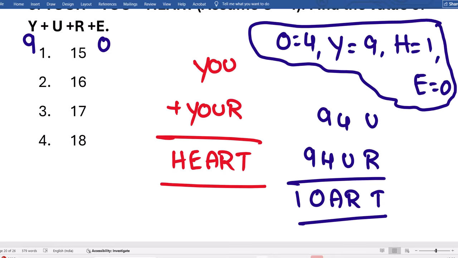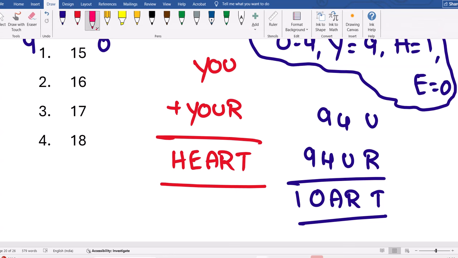A must be 3, because using options I am guessing here. Already Y value 9, E value 0. U plus R as per the options maximum should be 9. So here if we keep things, 9 plus 4, 13, it cannot generate the carry when 4 plus 2 will come. So A must be 3, there is no doubt.